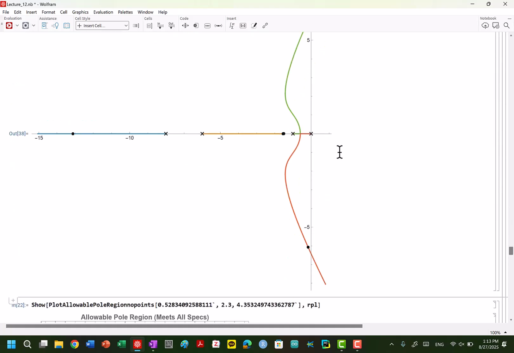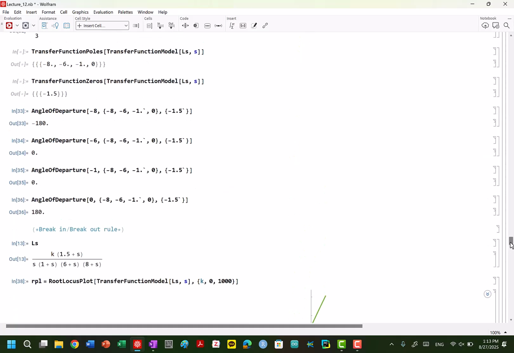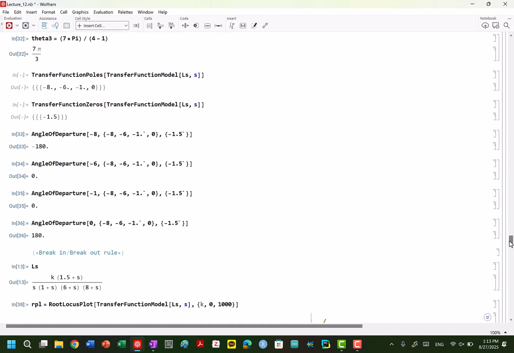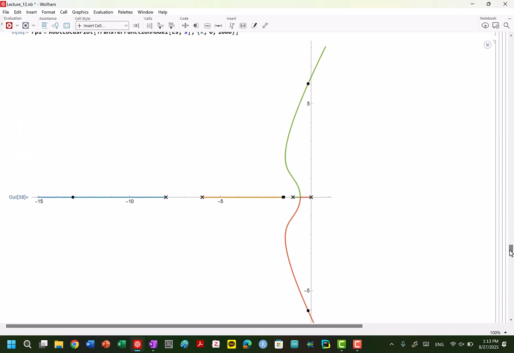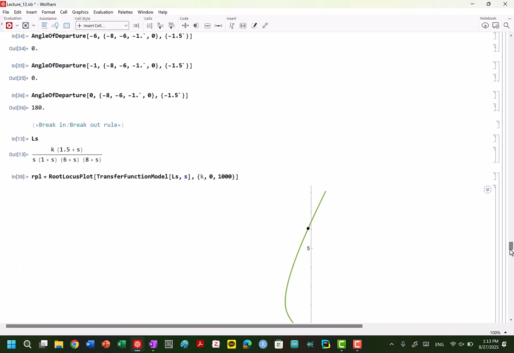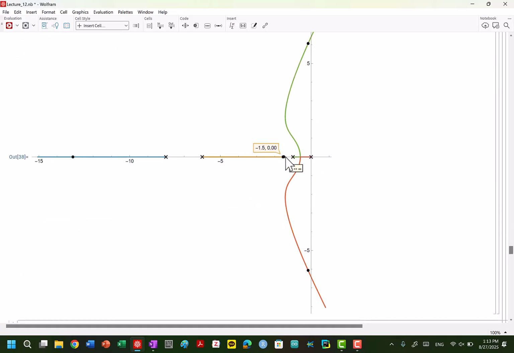At minus 1, it leaves here at 0. And then at that pole here of 0, it goes at that. Where's that pole? We don't have a pole at 0. Actually, we do have a pole at 0. Excuse me, that 0 should be at minus 1.5.